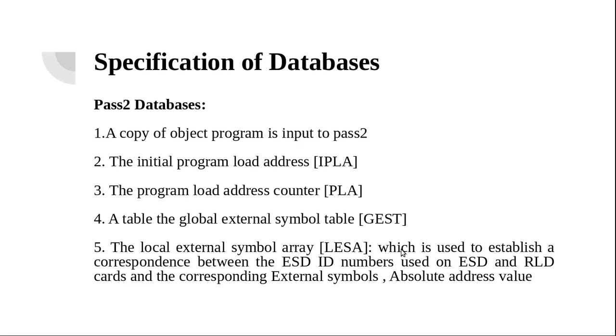So in order to match this ID with the corresponding symbol's absolute address value, we are using a local external symbol array, that is LESA. So this is an array. It contains the IDs of the symbols which we have used in the ESD card, and the absolute address of these symbols will be stored in the ID location of this array.